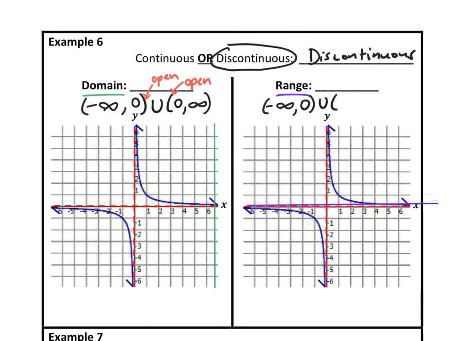So I'm going to put 0, comma. Where does it end? As I keep scanning up, I keep scanning, scanning, scanning. The arrow here means I'm going to keep going towards positive infinity. There we go.